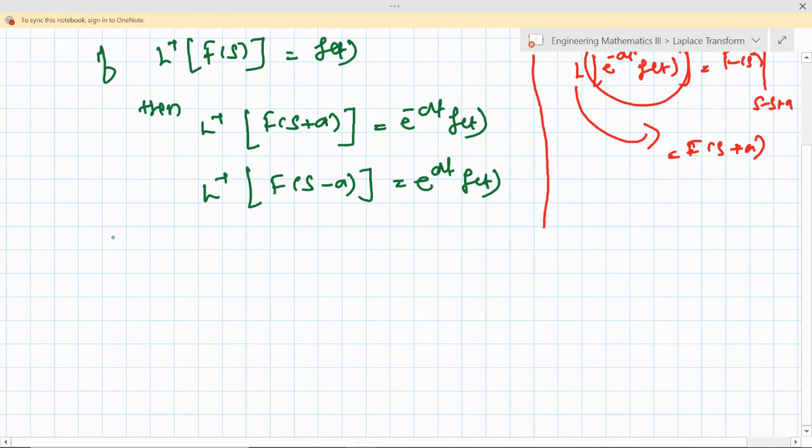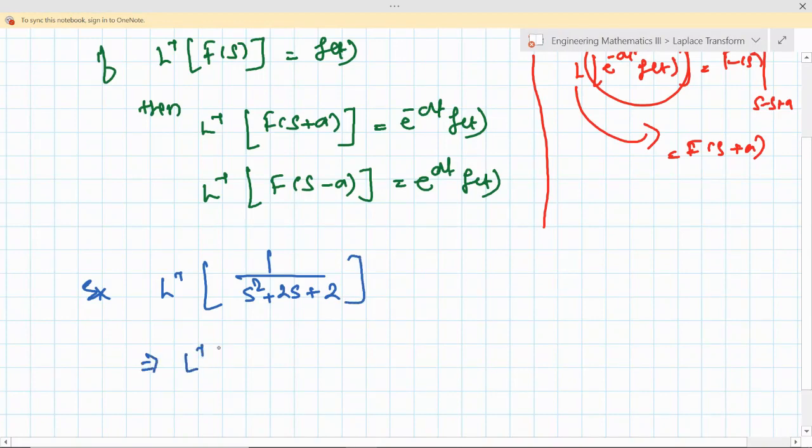So if we see the example for this, find out inverse Laplace of 1 upon s square plus 2s plus 2. What is the inverse Laplace of this? Here we have to make some adjustment. Inverse Laplace of 1 upon, this is s square plus 2s plus 1 plus 1.